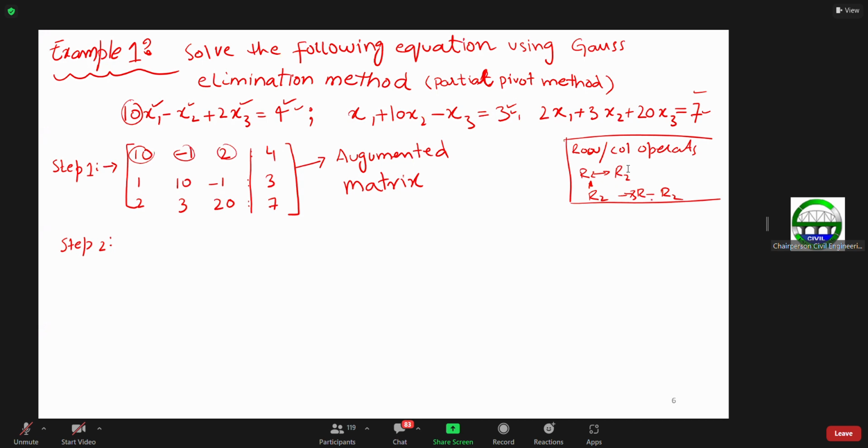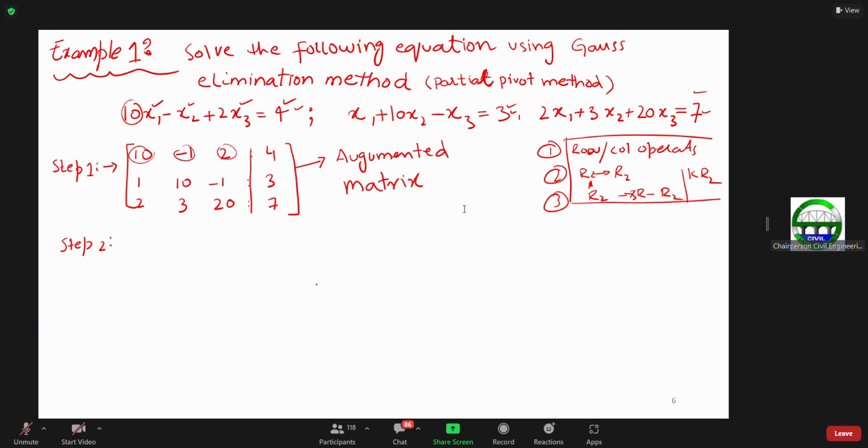Or we can just multiply a scalar with any of the rows. It can be any row. So these three are the operations that we're going to apply on this to find the solution. Okay, I hope this is clear.